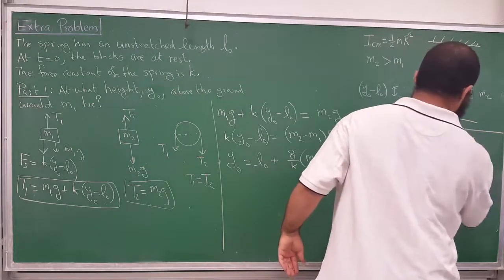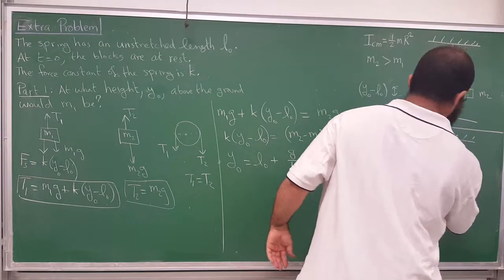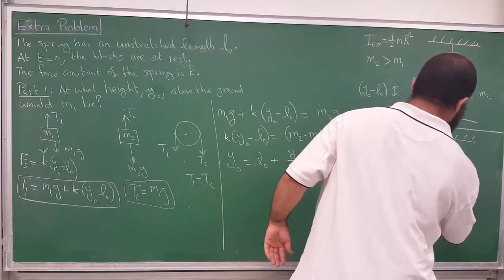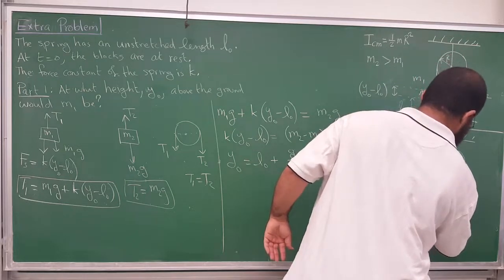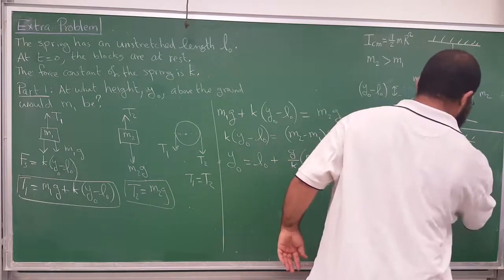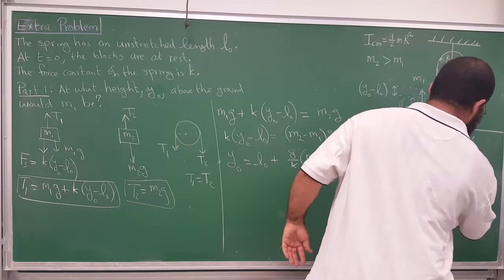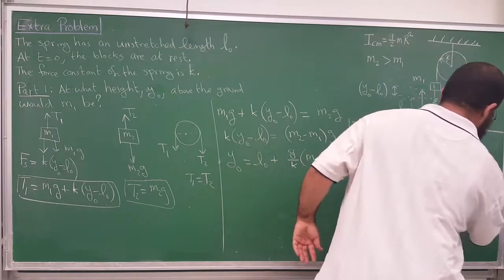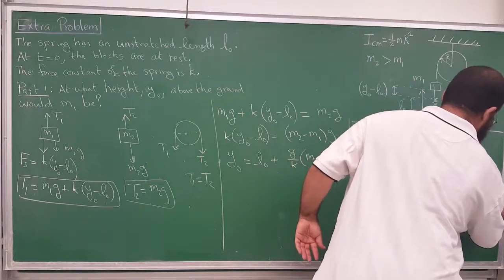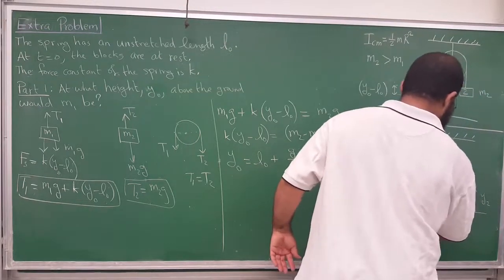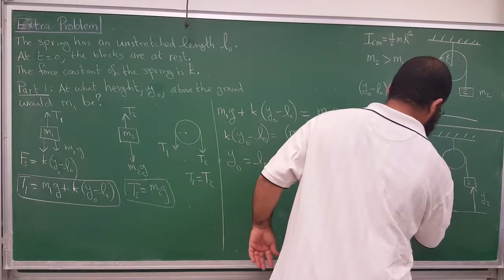Here's our pulley. And here is 1. Here is the spring. Here is 2. And the position of 2 is y2. And the position from the ground to M1 is y1.